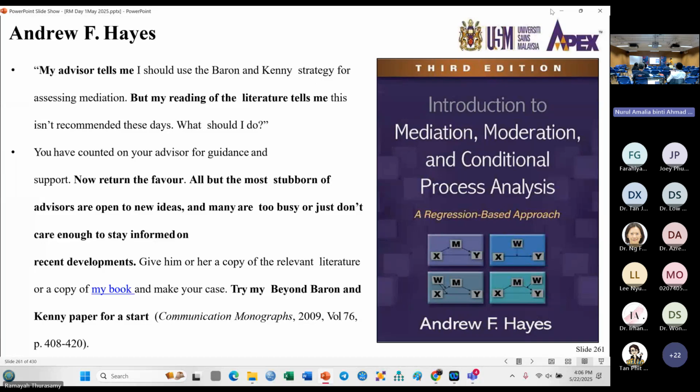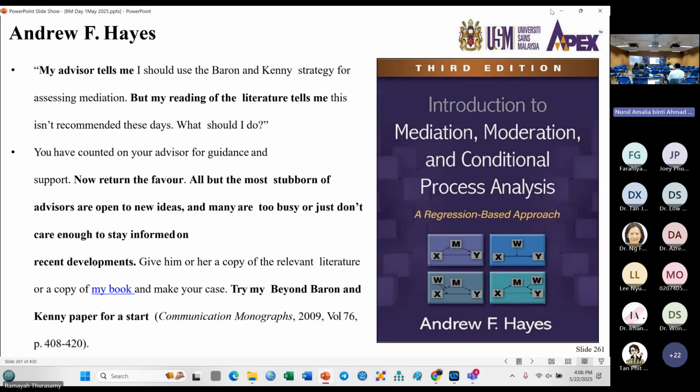Previously we were doing this Baron and Kenny method, right? Students usually email Andrew Hayes with a lot of questions. So what he did was he developed a frequently asked questions website. Question number 1, question number 2, question number 3. This is one of the favorite questions: My advisor tells me I should use the Baron and Kenny method for assessing mediation, but my reading of the literature tells me this is a mistake.